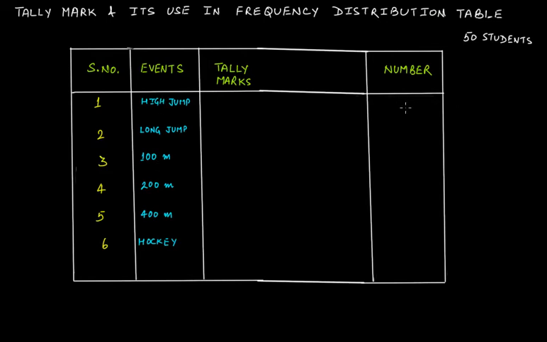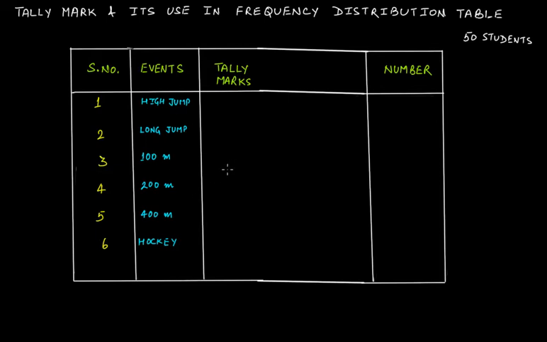No one can skip the day, and you have to prepare this table and tell the numbers for high jump, long jump, and the other separate events.